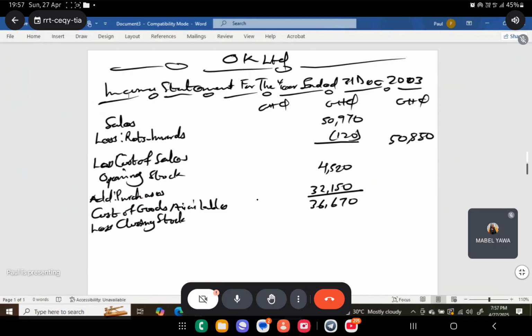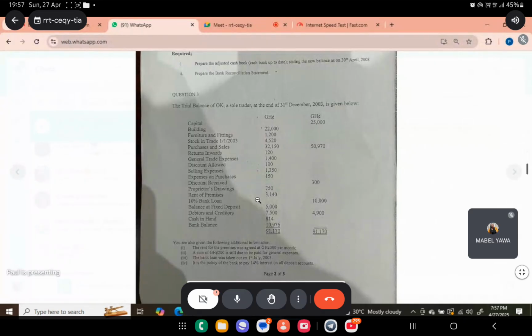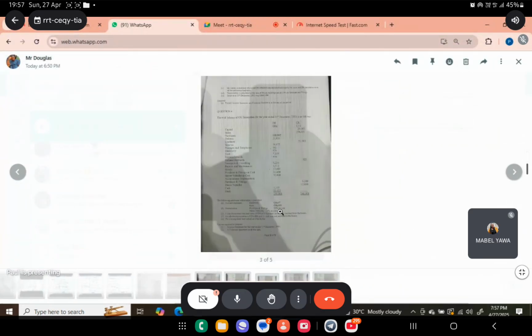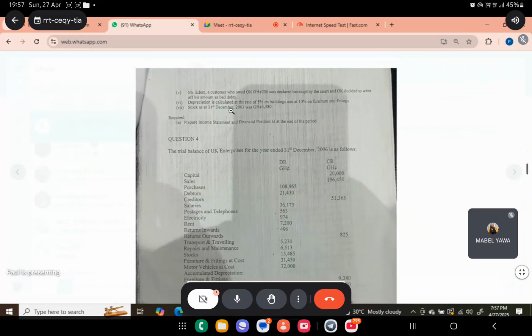So the last additional information: that stock as at 31st December 2003 was 4,580, even as a closing date. So as at the closing of the year was 4,580.